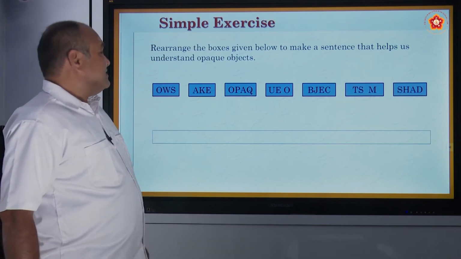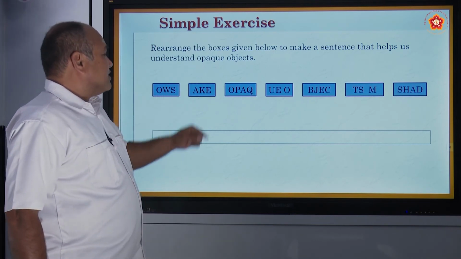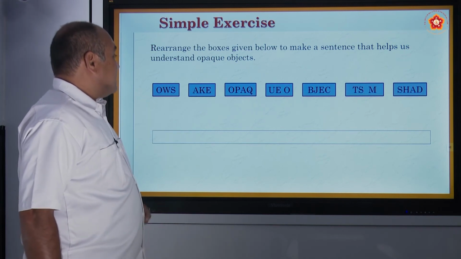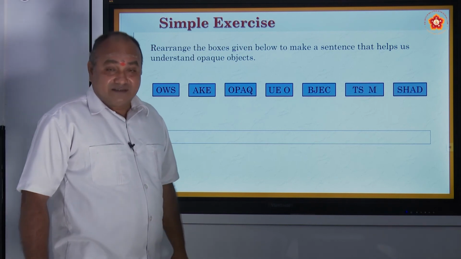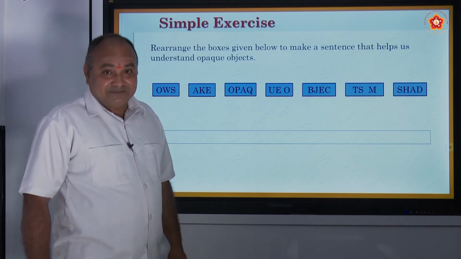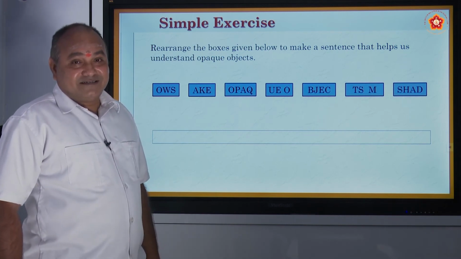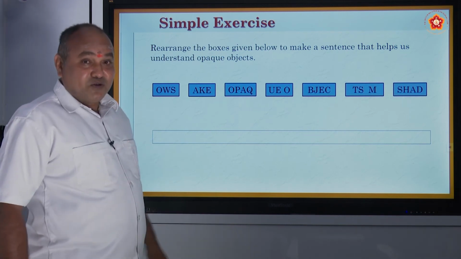So it's a simple exercise. Rearrange the boxes given below to make a sentence that helps us understand opaque objects. Can you try? Okay, I will show.